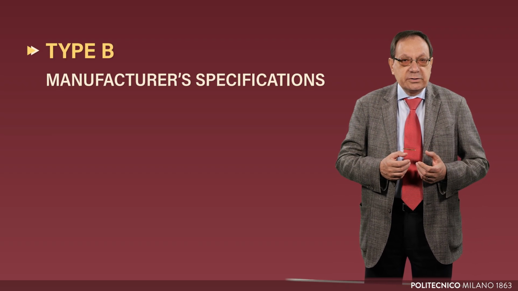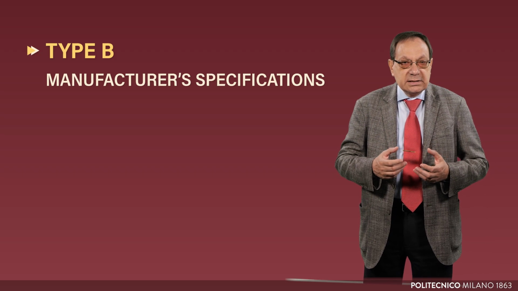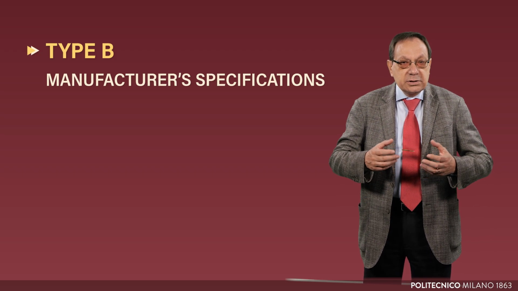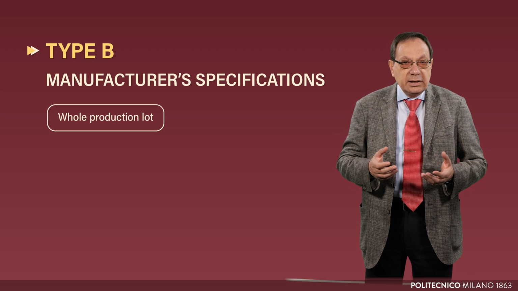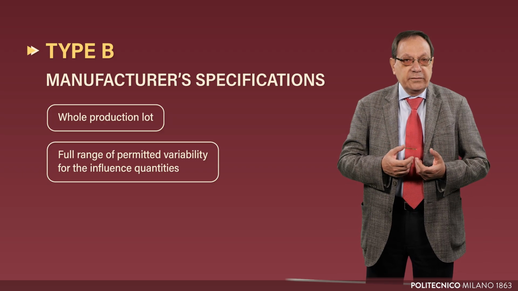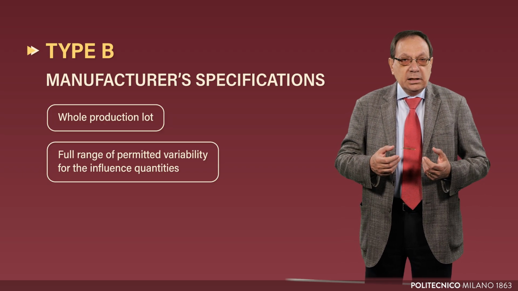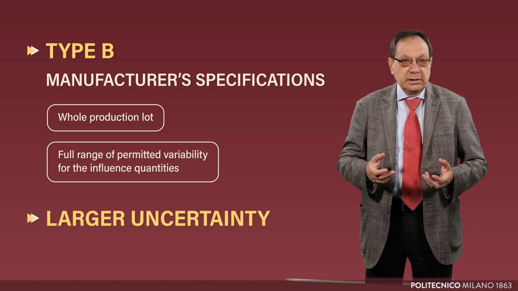When we used the type B method, we relied on the manufacturer's specifications, which take into account the variability of the result provided across the entire batch of instruments produced and within the full range of permitted variability for the influence quantities. It is therefore normal to find a greater value for uncertainty.